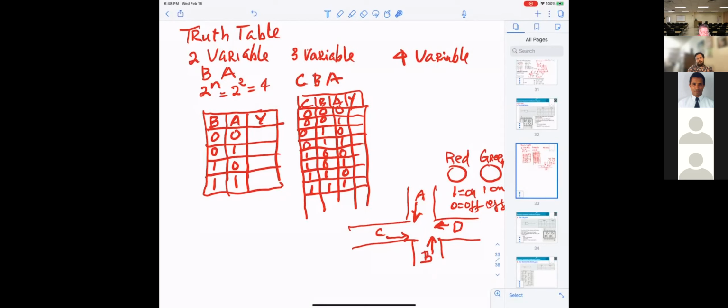So that is a truth table. If you get 5 variables, you get 32 combinations, but basically we learn up to 4 variables. So now any question about truth table, that is very important to you guys.